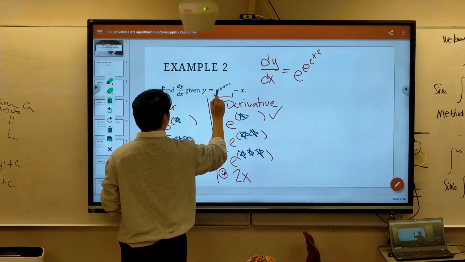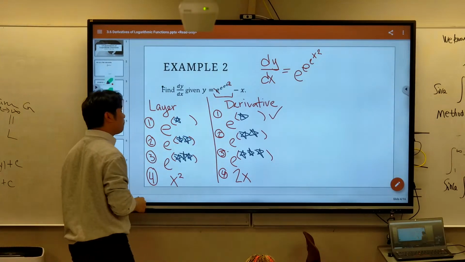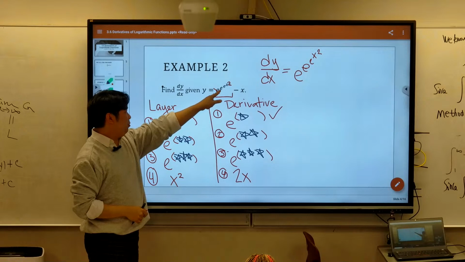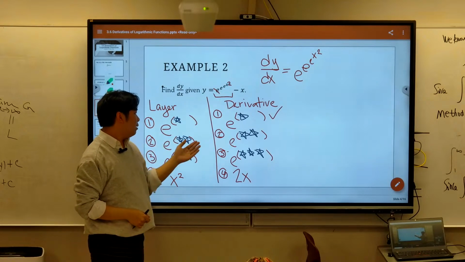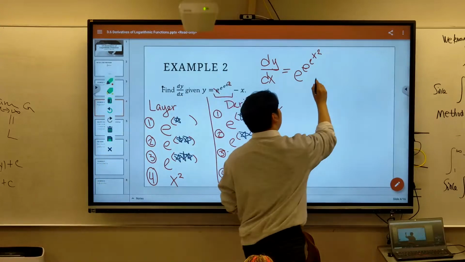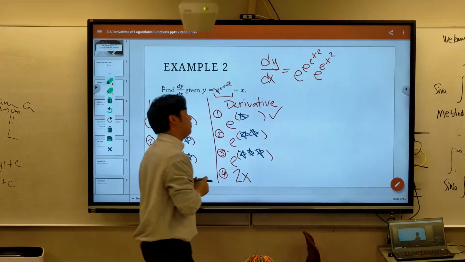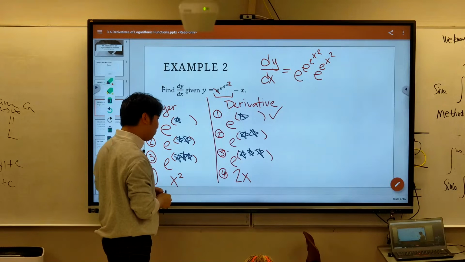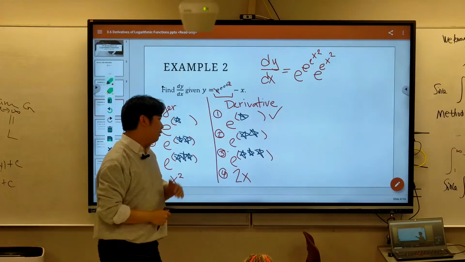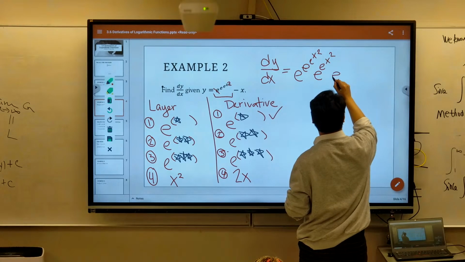Again, if I want, I can look at this and say, I've cleared off this layer. Layer number 2, I had e to the x squared. So I'm going to keep it as e to the x squared, because that second layer was e to the x squared. Third layer, I have e to the, what's the power for my third e?